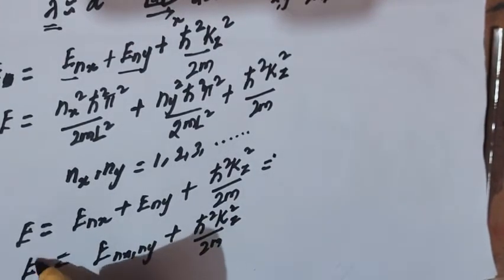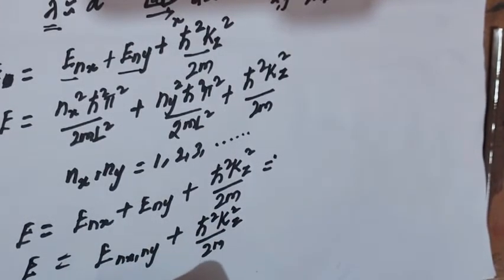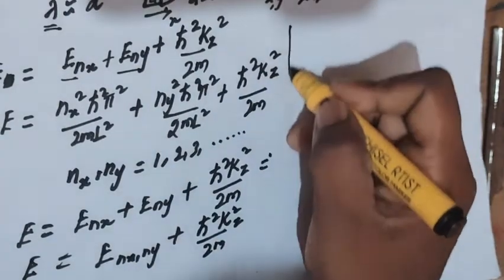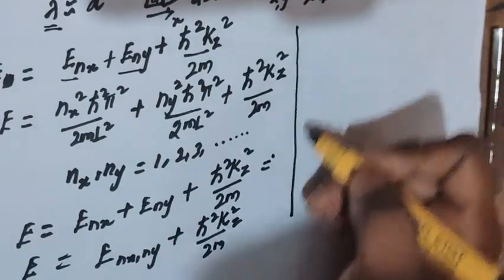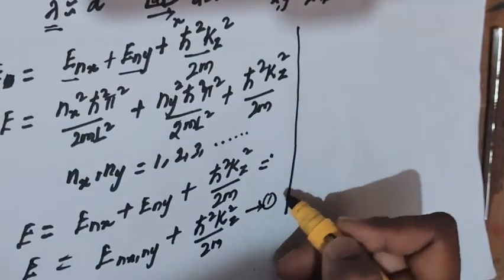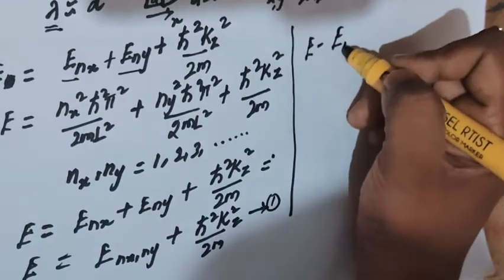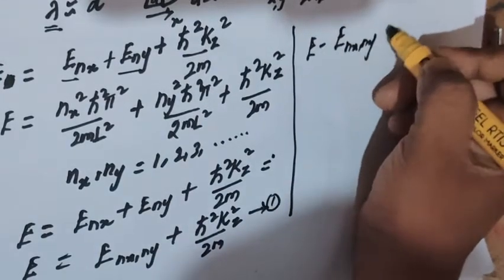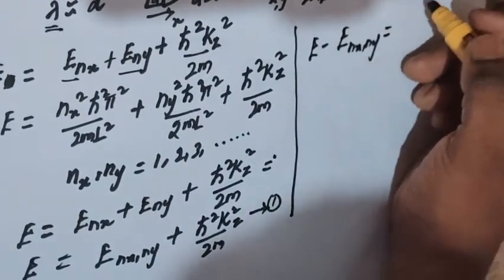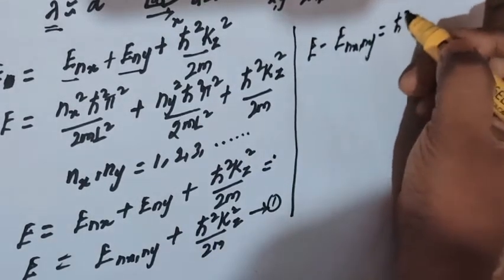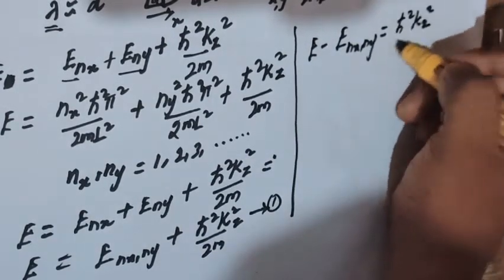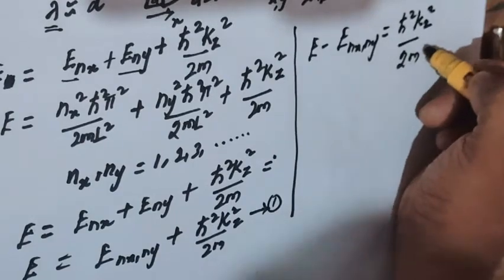Rearranging this equation number 1, you will get E minus Enx,ny is equal to h bar square kz square divided by 2m.